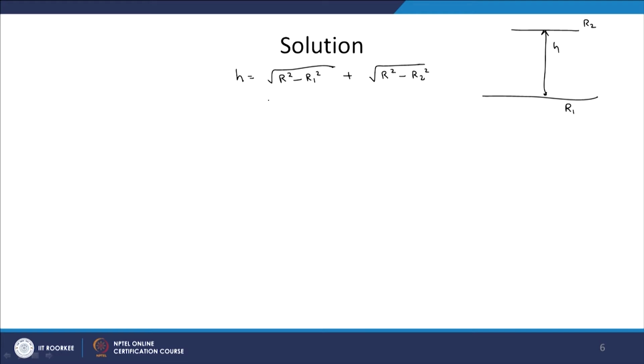Now, we have to square this equation twice and solve for the value of r. On solving this, we get the value of r to be equal to the square root of (x square minus 1) times r1 r2 by h square, where x is equal to (h square plus r1 square plus r2 square) upon 2 r1 r2.